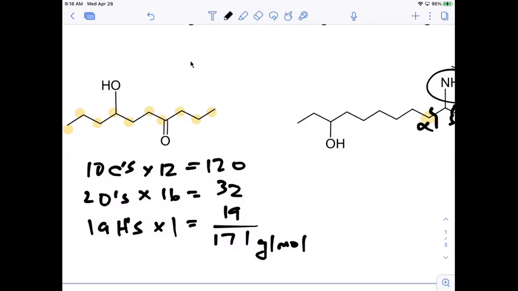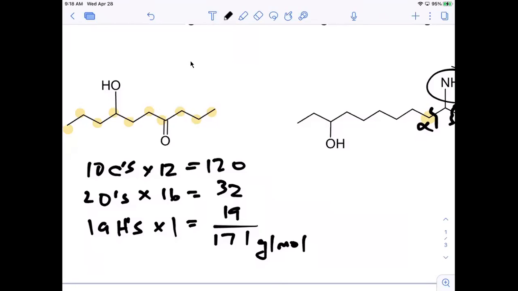If you look at a mass spectrum, we talked about this Monday. What does the parent peak represent? The molecular weight.